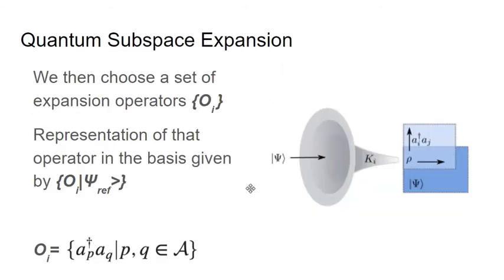In quantum subspace expansion, apart from first performing the variational quantum eigensolver and obtaining a ground state, you also define an additional set of operators called expansion operators. These operators are combinations of creation and annihilation operators for those orbitals in the active space.